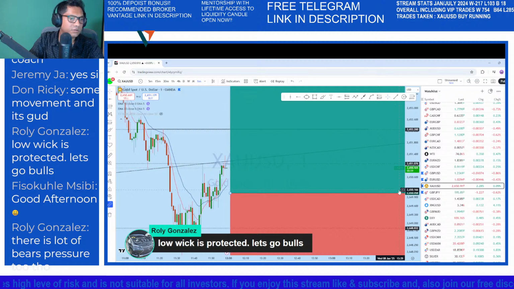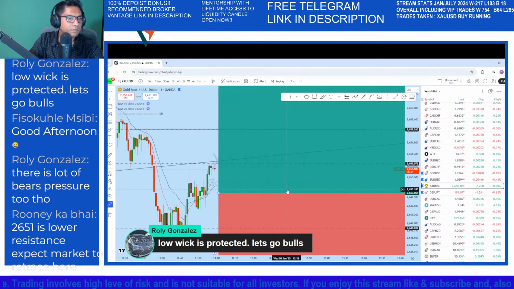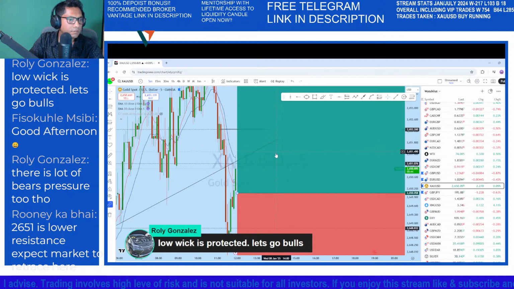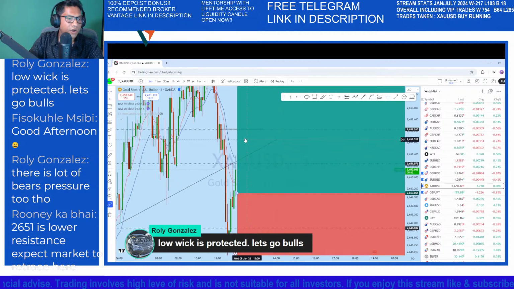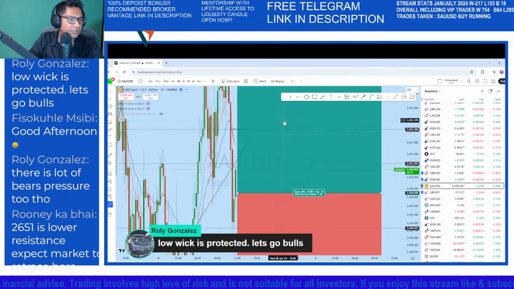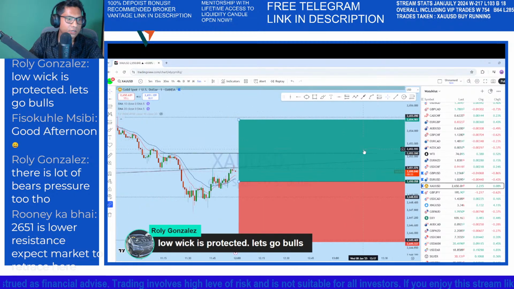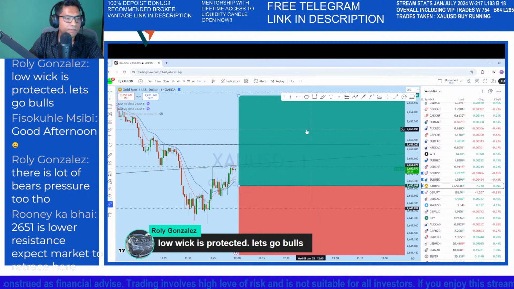So inverted doji. So far 15 minutes, the bias is still potentially to the upside.